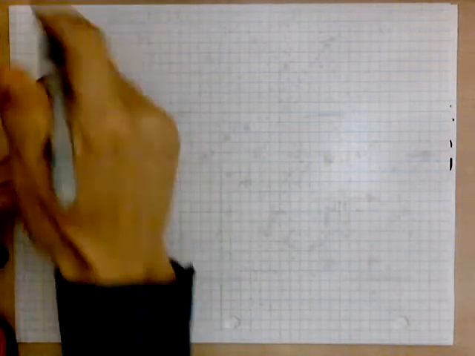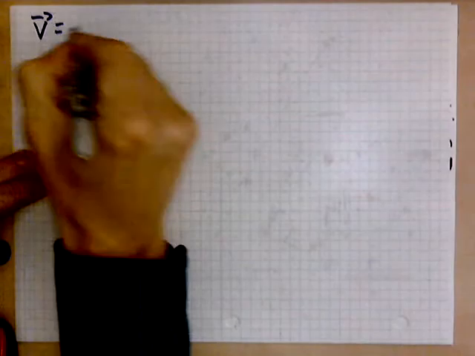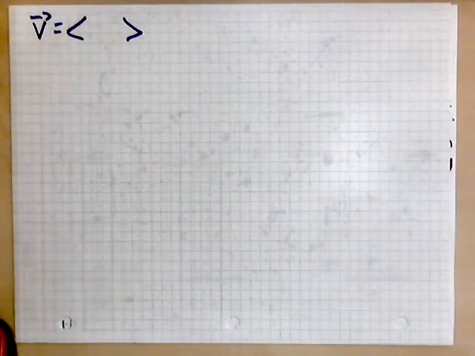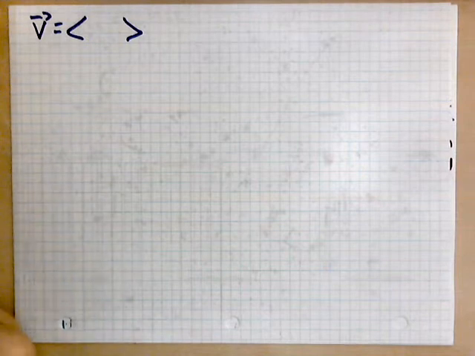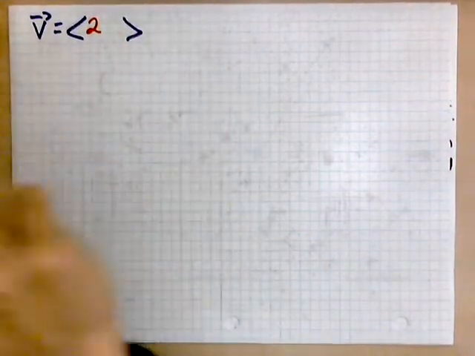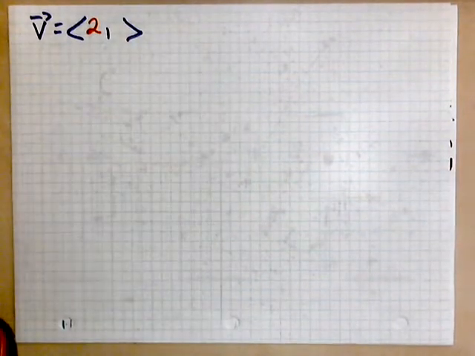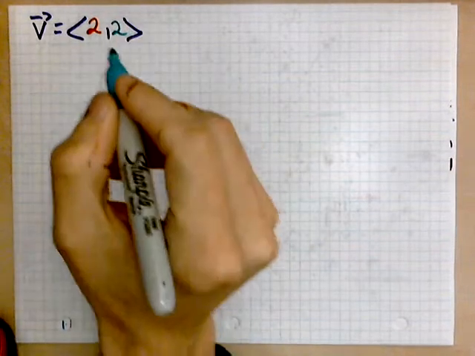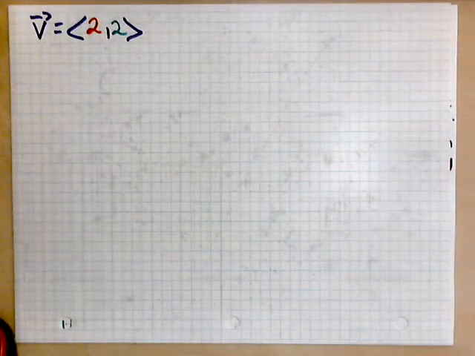Okay, so you're given something of the following form. You're given a vector v, and it's got an x component and a y component. So those usually are written as, and I will color code, the x component is the red 2, and let's say the y component is the bluish 2.